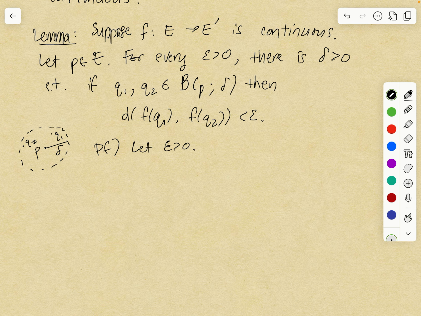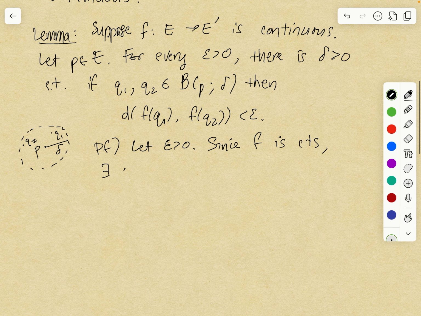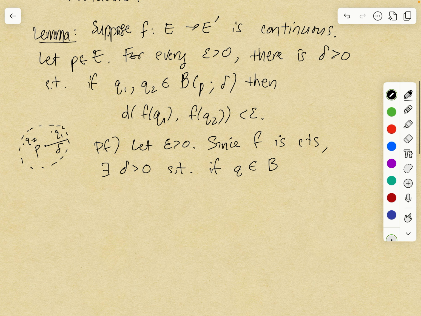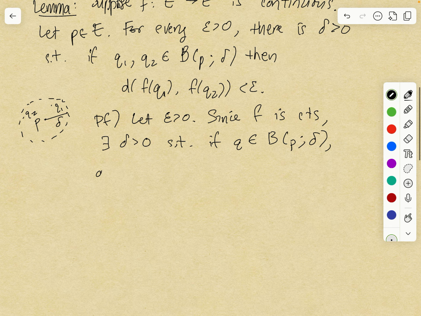Since f is continuous, there exists some delta such that if Q is in the ball of radius delta centered at P, then the distance between f of P and f of Q is less than epsilon over 2, right? So now the triangle inequality comes to the rescue.